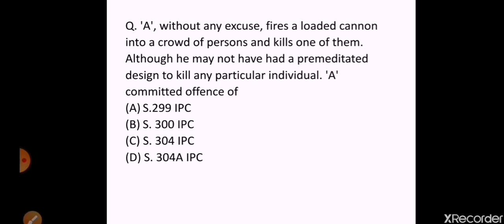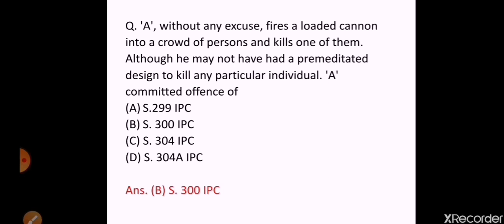This is a favorite question among various state examinations, and the correct answer is option B, that is section 300, and 300 says that it is murder. It has been asked in the Rajasthan APO, MP judiciary, UP judiciary, Chhattisgarh, and also in Himachal Pradesh.